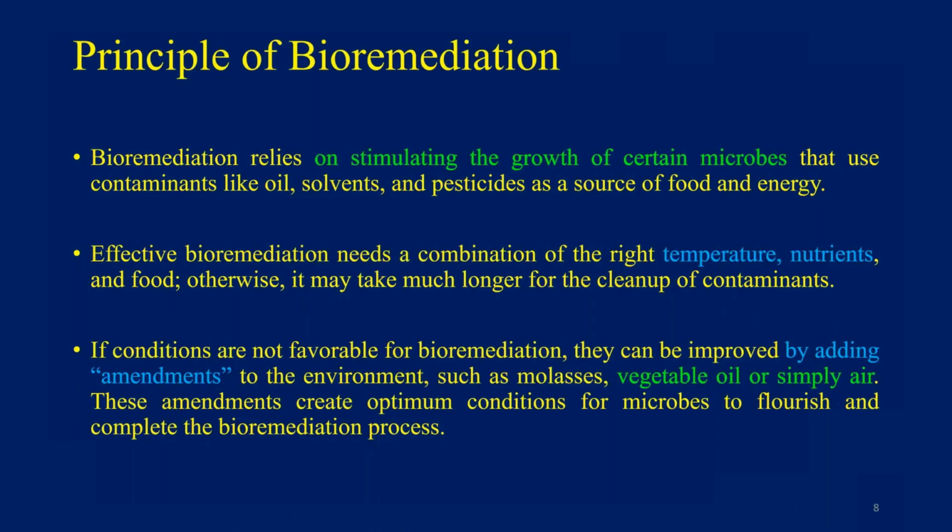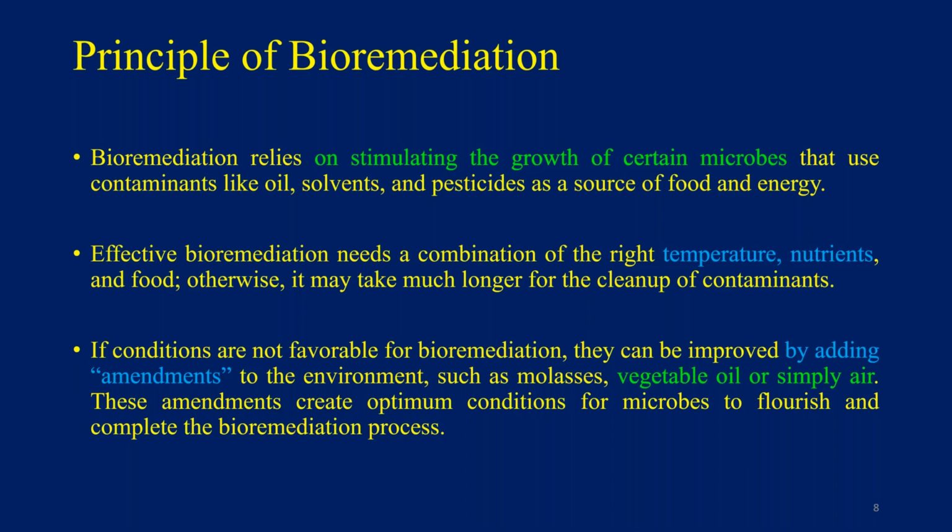Bioremediation relies on stimulating the growth of certain microbes that use contaminants like oil, solvents, and pesticides as a source of food and energy. Effective bioremediation needs a combination of the right temperature, nutrients, and food. Otherwise, it may take much longer for the cleanup of contaminants.